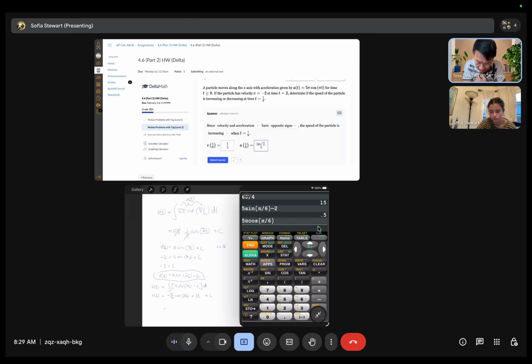So C, plug it back in, yeah, it looks good. So then I plug in pi over 6. This one is 1/2. But what about acceleration again? Acceleration, 5 pi cosine pi over 6. The answer is 5 pi root 3 over 2.